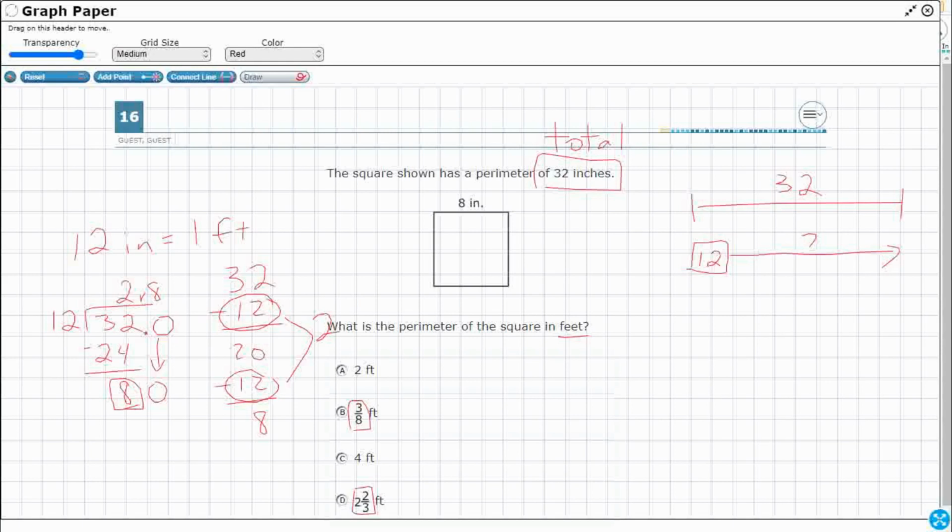Well, let me show you this again. I'm going to go 12 into 32, that goes in twice, that's 24, there's 8 left over. Okay, so when you are dealing with a fraction with a division problem that has a remainder, you can actually build a mixed number. Your whole number is going to be just whatever is your quotient, right? So in this case, it's going to be 2.